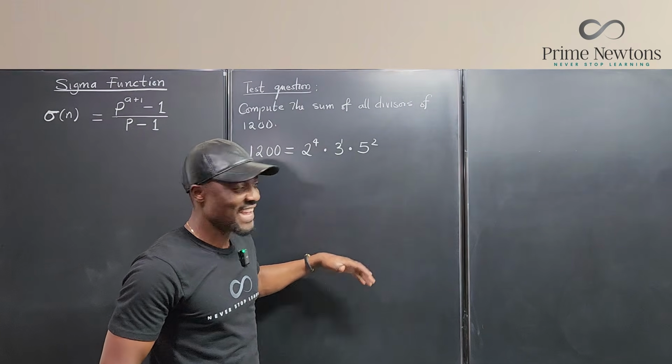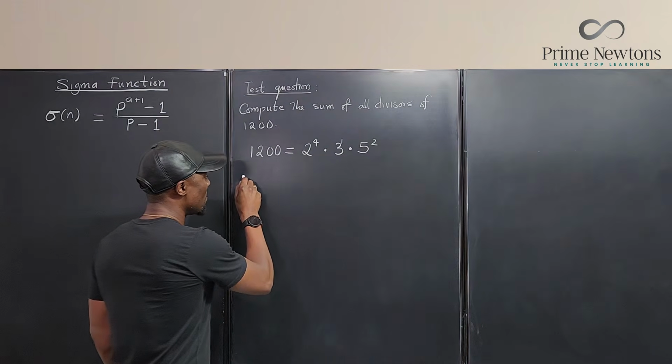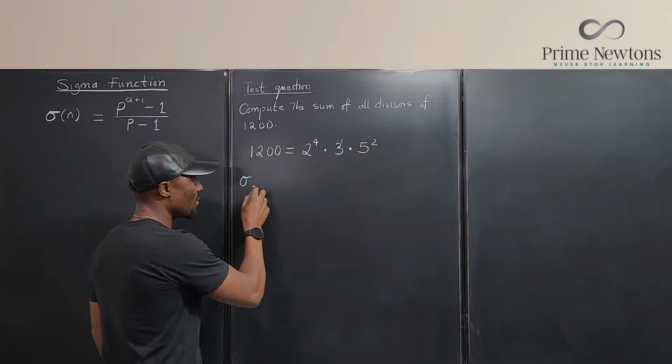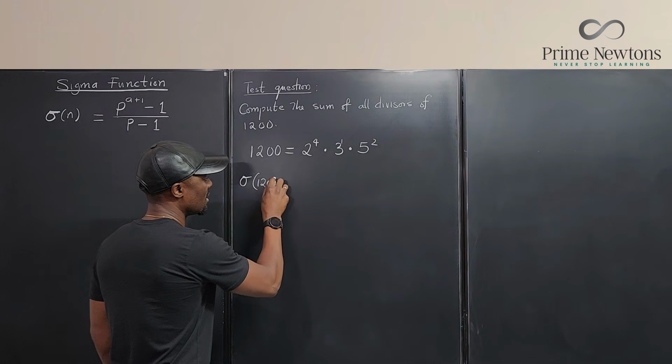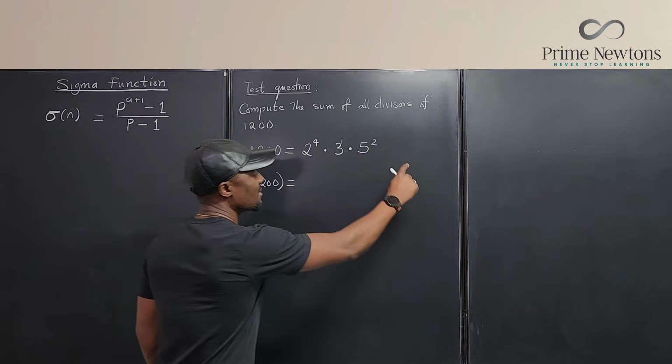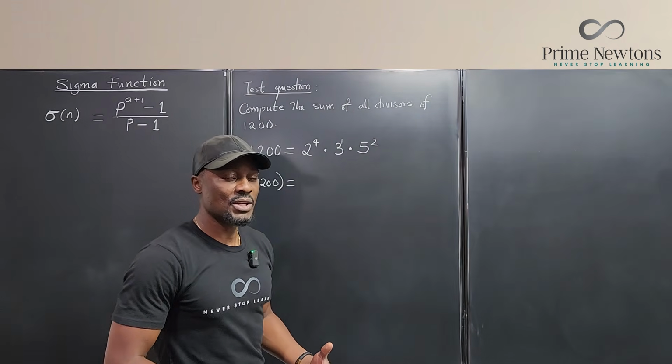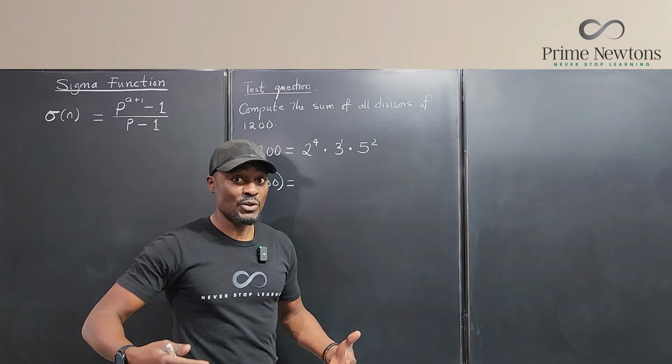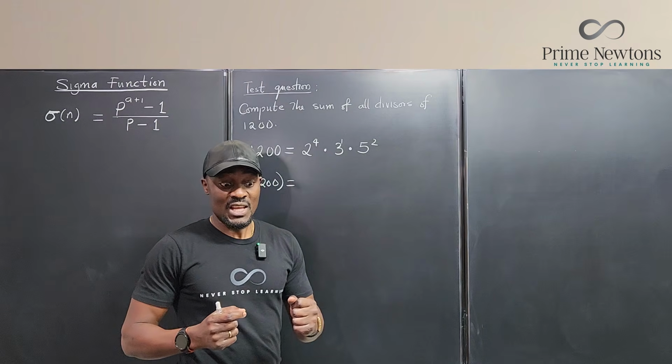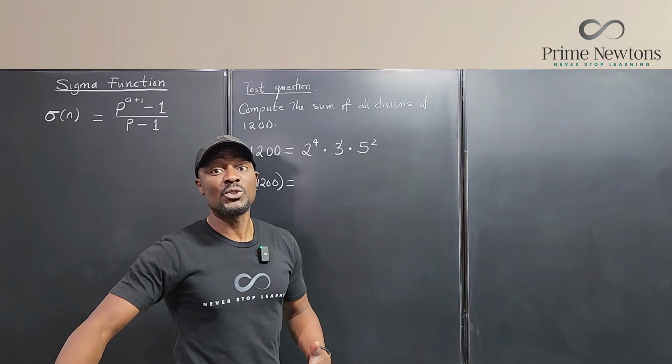Okay? Now, look, we know that the sigma, according to this formula, of 1,200, because this sigma function is multiplicative, which simply means that it follows the multiplication rule.